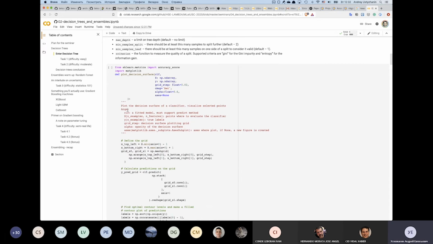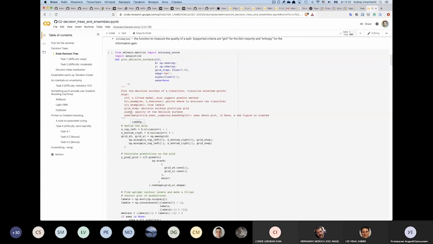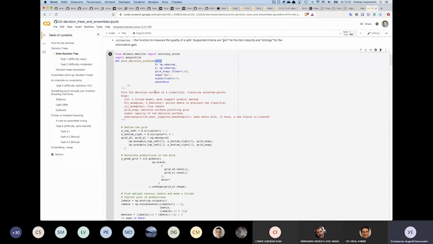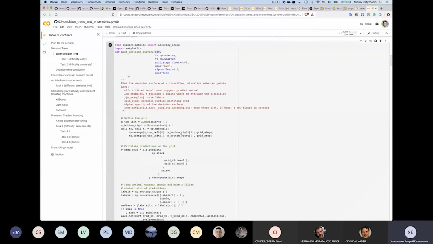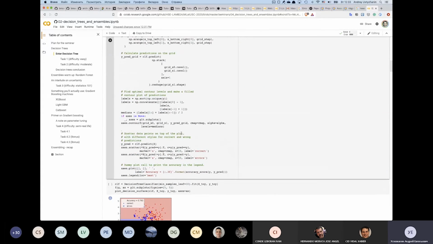Then we define a method that, given the prediction of a classifier or a classifier itself, builds a decision surface. So for every point in the space of the features, we get a prediction denoted by a color. Don't worry if it looks a bit complicated. It is just a visualization procedure.